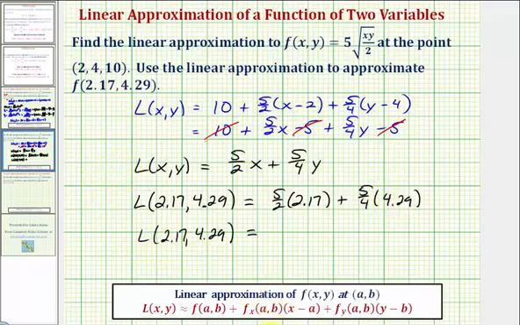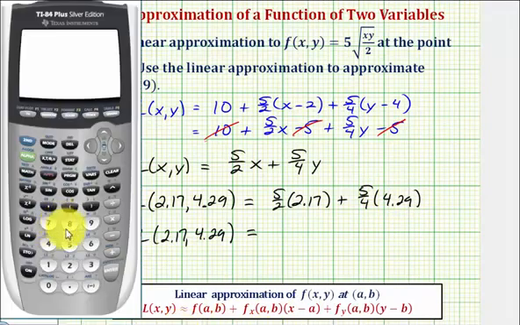Let's go to the calculator. We have 5/2 times 2.17 plus 5/4 times 4.29, which gives us 10.7875 for our approximation.